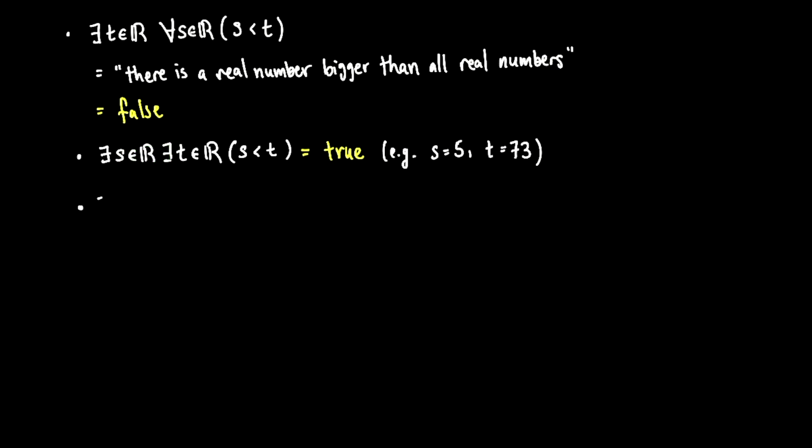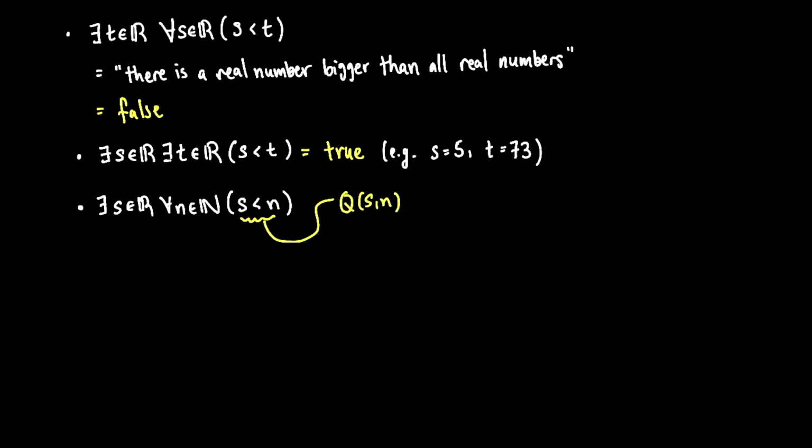There exists, let's say, a real number s such that for all natural numbers n, s is less than n, which is Q of s, n. And it doesn't matter if I call it t or if I call it n, as long as it's clear what the meaning of the statement is. This thing here is the same as Q of s, n, the statement that s is less than n.